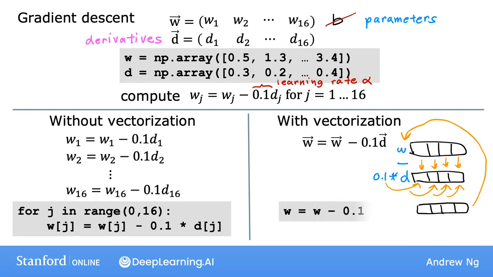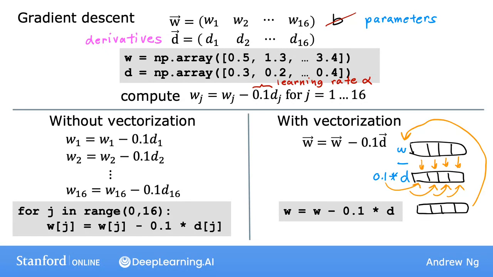In code, you can implement this as follows. w is assigned to w minus 0.1 times d. Behind the scenes, the computer takes these NumPy arrays, w and d, and uses parallel processing hardware to carry out all 16 computations efficiently.